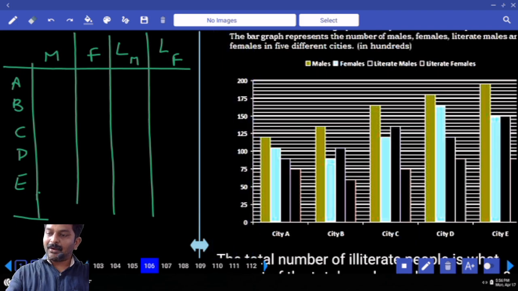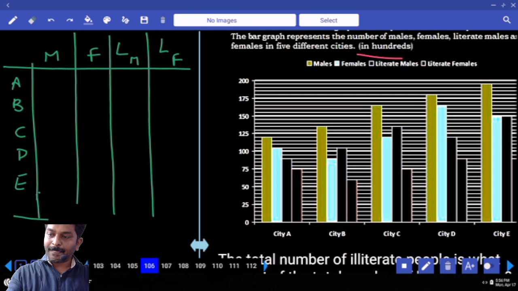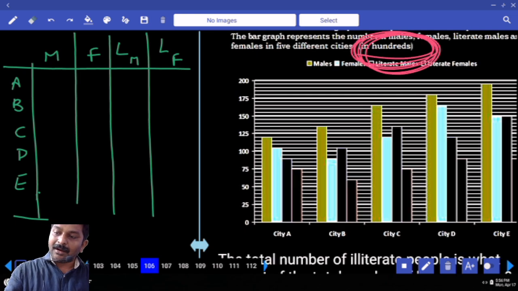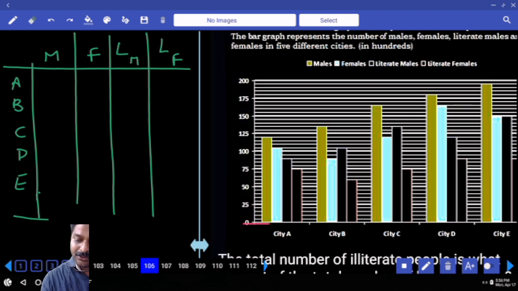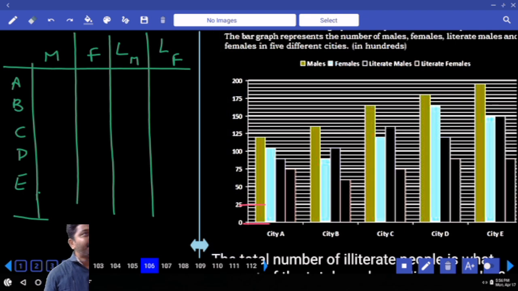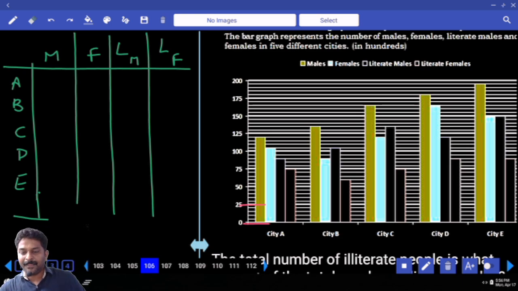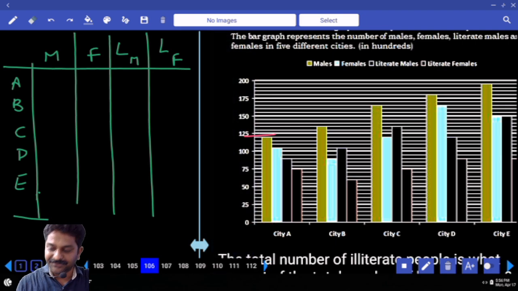Okay, now all the values are given in hundreds. Now from 0 to 25, observe how many different parts we have between 0 and 25. That means each part is equal to 5 only. So with that we can decide one line occupies 5.